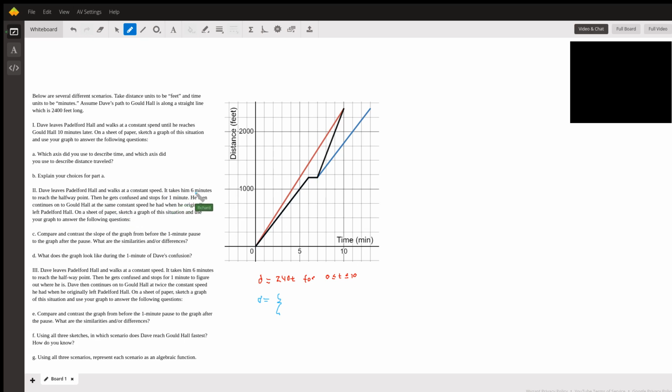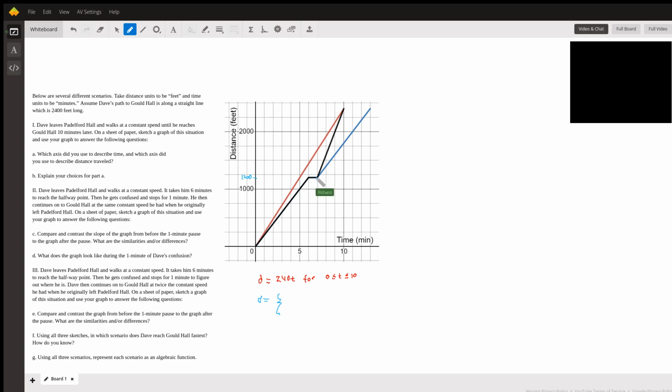It takes him 6 minutes to reach the halfway point. So at 6 minutes, he's at 1,200 here. You don't see a marker here for 1,200, so we can put that in. And he's halfway at 6, and then he rests for a minute.